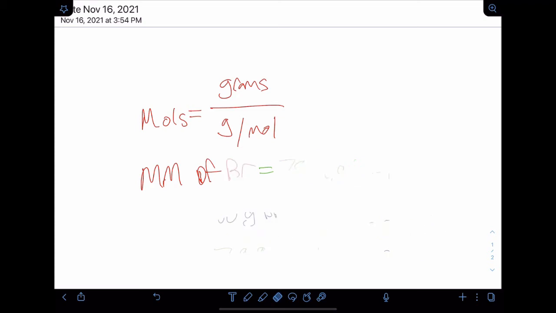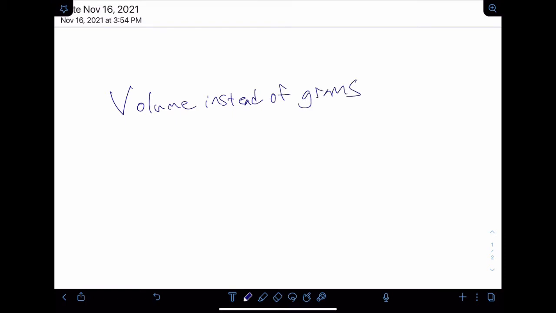All right. So moving on. For solution stoichiometry, however, we're going to be using volume, instead of grams. So if we have a certain volume, say of A, we can use the formula molarity equals moles over volume.